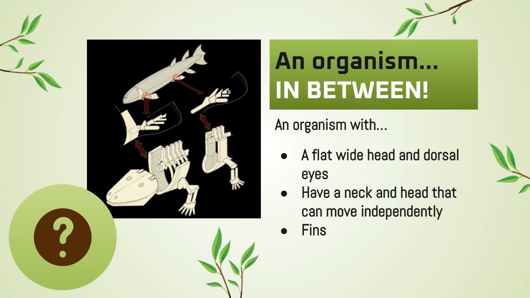Focusing back on that picture that Neil saw in his lecture, he said there must be an organism in between, something that can bridge the gap between a fish and a tetrapod. Perhaps a fish that could move its head independently, with a flat head and dorsal eyes, but with fins, something in between, a hybrid between a fish and a tetrapod.